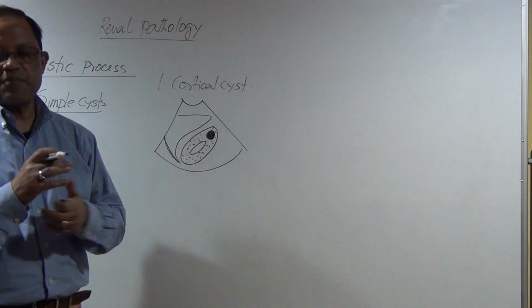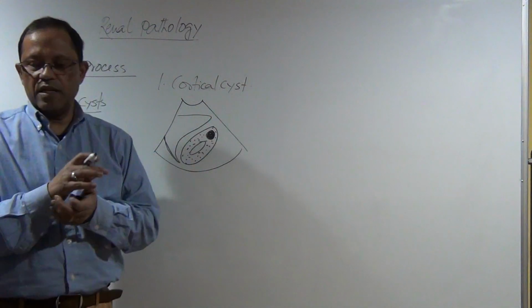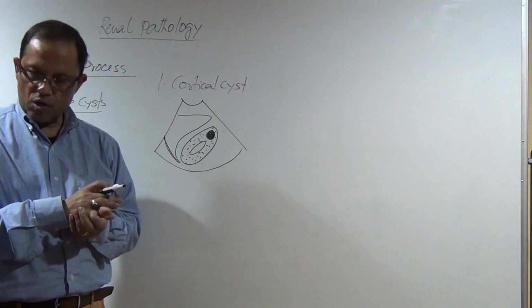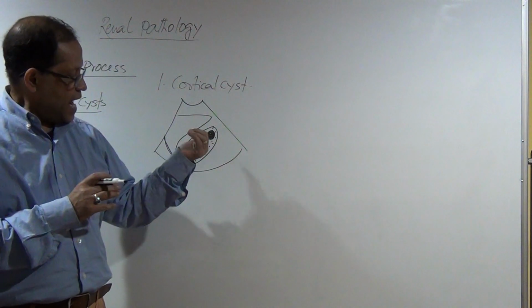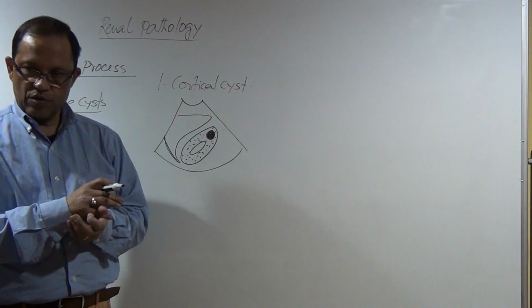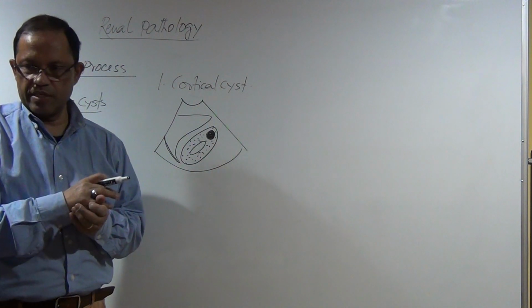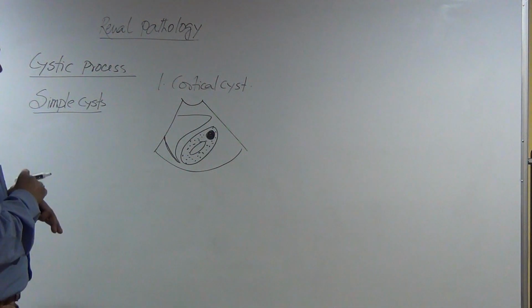Then how did it happen? Maybe there is a little obstruction of one of the tubules, or there is necrosis, a collection of fluid that looks like a cyst, and there is a pseudomembrane formed around it. So this is a cortical cyst.